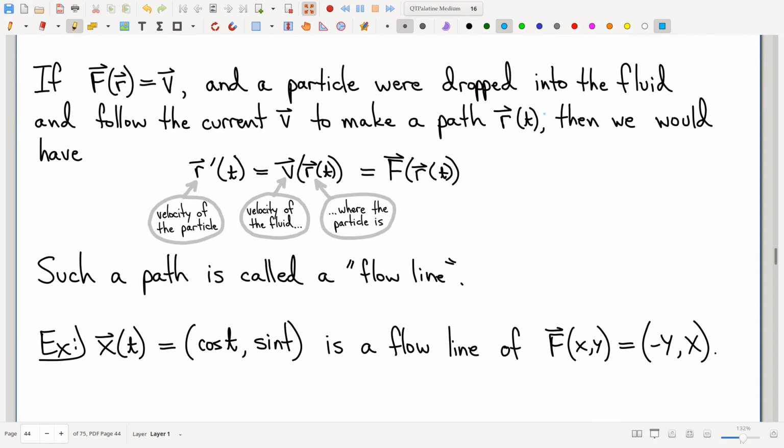Last thing in this section is, I think, a pretty intuitively satisfying scenario I'm about to describe. I like to have a metaphor to work with, so let's imagine we have a two-dimensional vector field, and I like to think of it as a body of water, let's say a river, creek, stream, whatever.